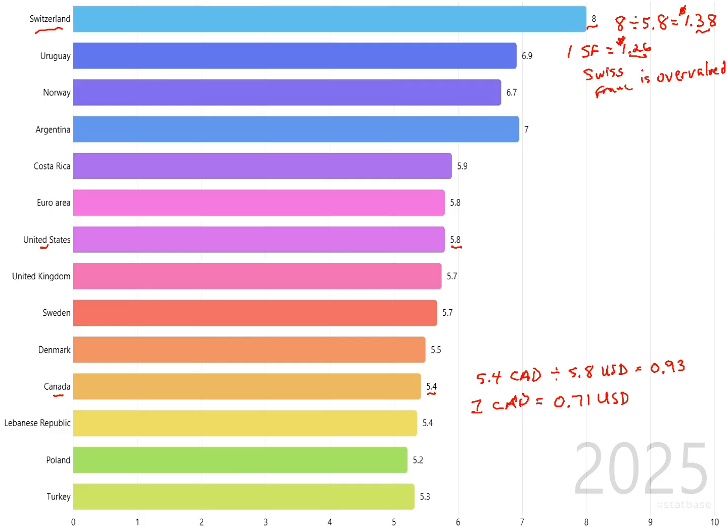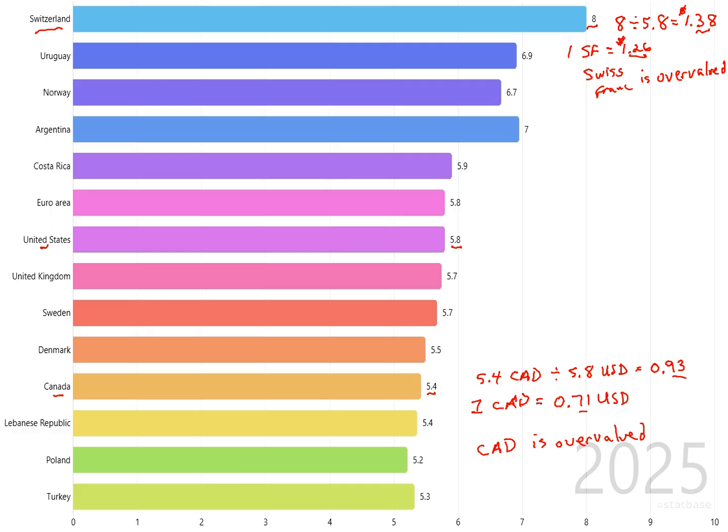All right, so this would also suggest that the Canadian dollar is overvalued. Again, only by a little bit, but according to our Big Mac index, the exchange rate should be 93 cents. We look up the actual exchange rate according to the latest banking websites. The exchange rate is 71 cents. So this would suggest that the Canadian dollar is a little bit overvalued.